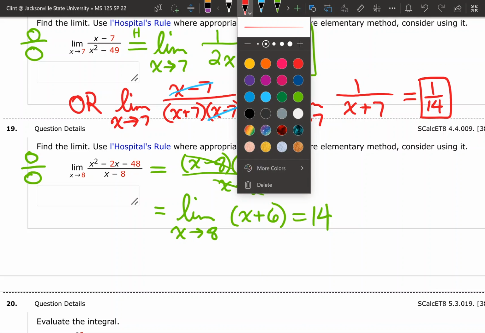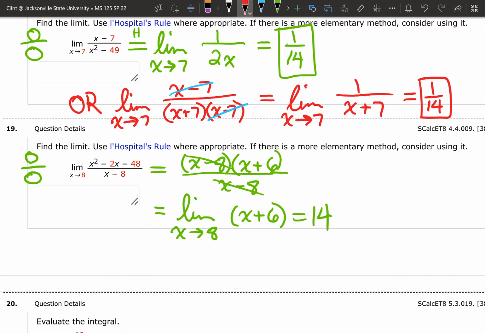Or we could do it with L'Hôpital's rule, probably. To do L'Hôpital's rule, we'd take the derivative of the top and bottom, so we would have 2x minus 2 over 1. And then we're not in indeterminate form anymore.